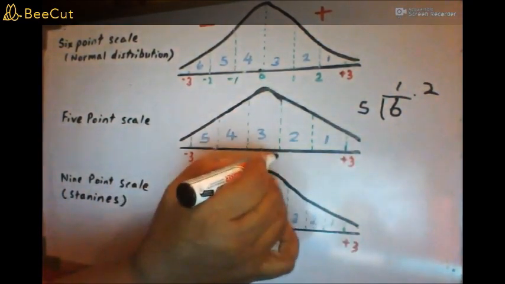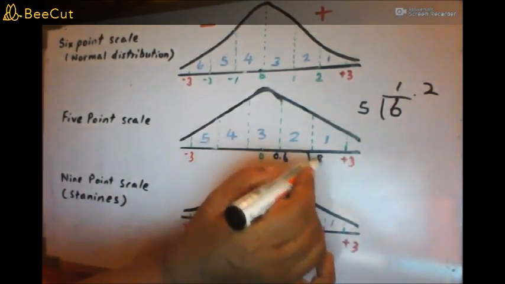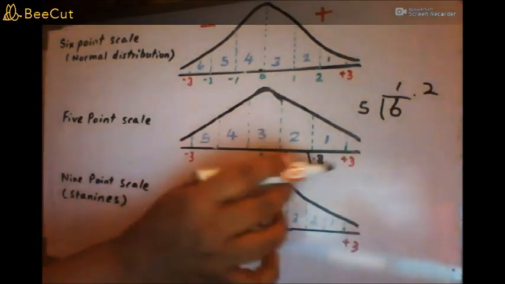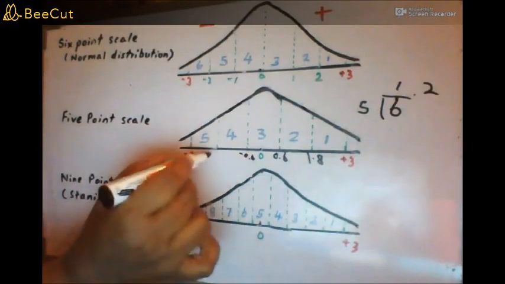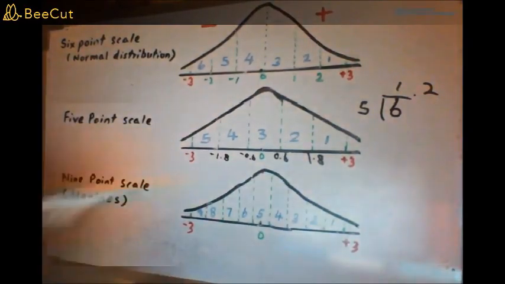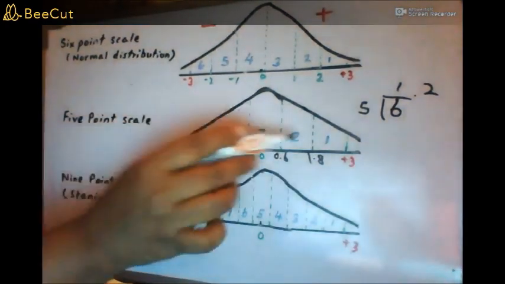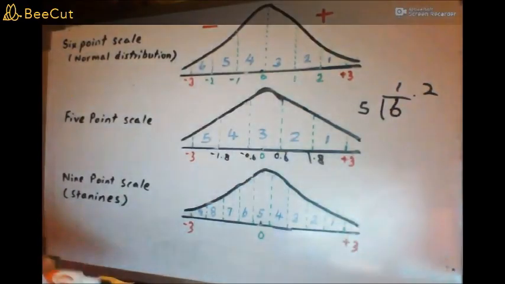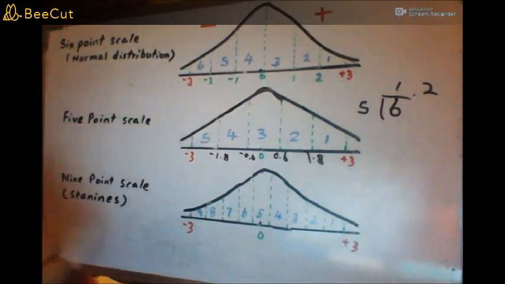So we take 0.6 here, and here 1.8. 0.6 plus 1.2 is 1.8, plus this one, 3. Similarly, it's minus 0.6, minus 1.8, then 3. Right? This is the principle. So we have 5 grades: A or higher scorers are here on the plus side. Failures and lower scorers are here on the minus side.